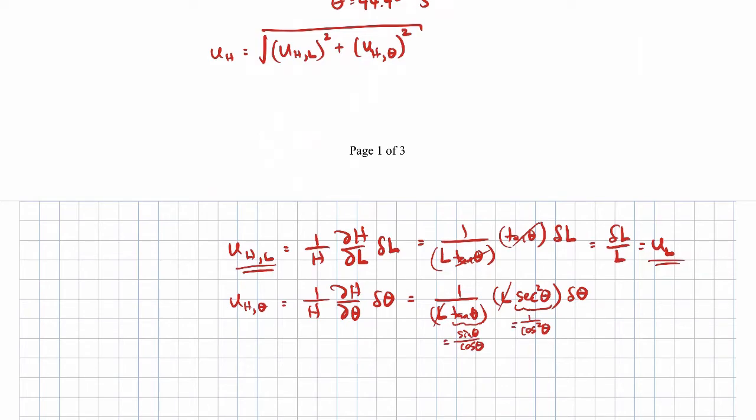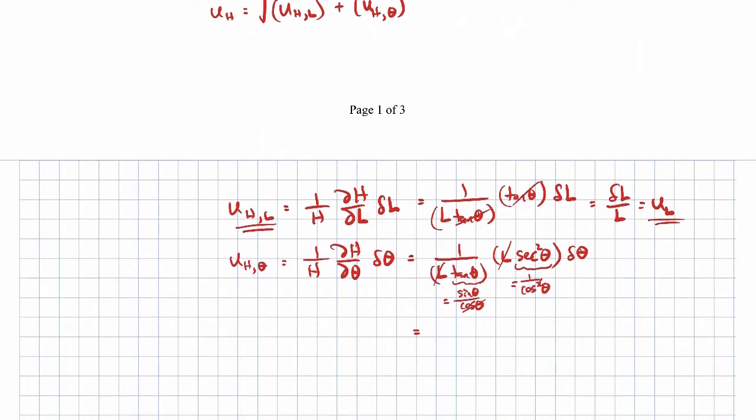So we can divide out one of the cosines, and what we're left with down here then is 1 over sine theta cosine theta, and then that will be multiplied by delta theta.